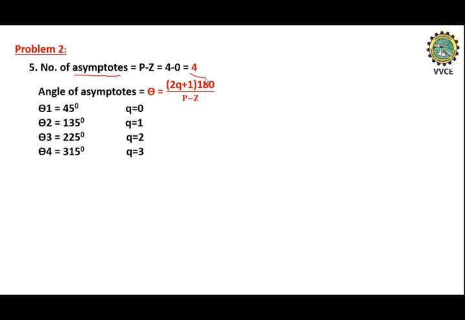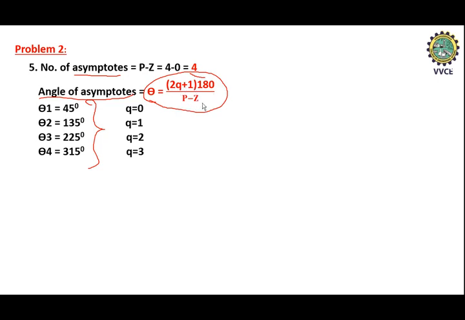Next, the angle of asymptotes. You know that the total number of infinite branches is 4, but in which direction those branches are moving, we need to find out. The direction can be obtained from the angle of asymptotes. These angles give the direction of those infinite branches of the root locus. This is the equation to find the angle of asymptotes: theta equals (2q plus 1) times 180 divided by p minus z.